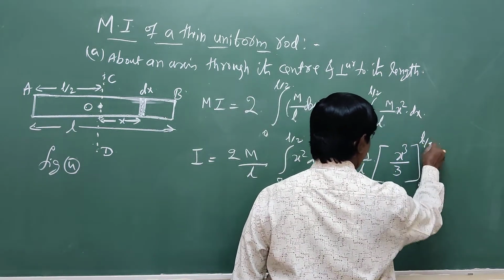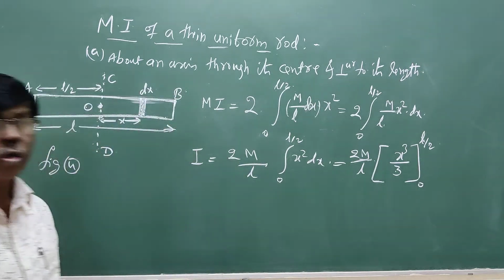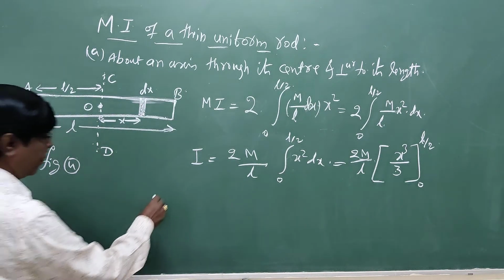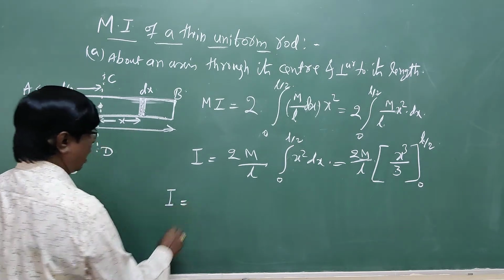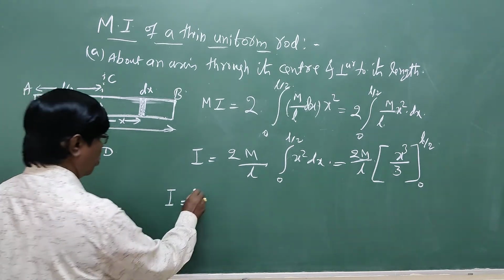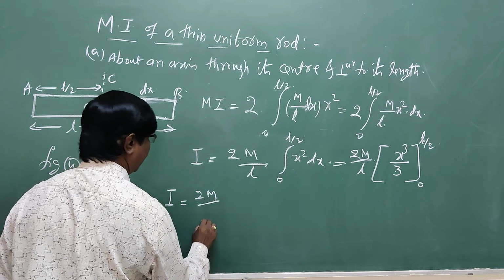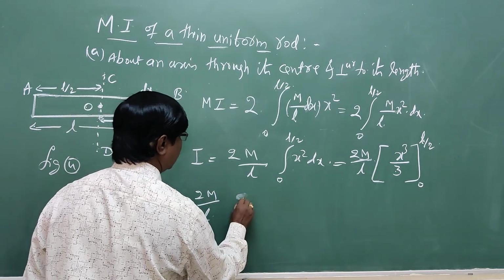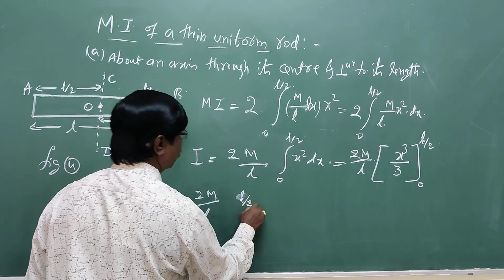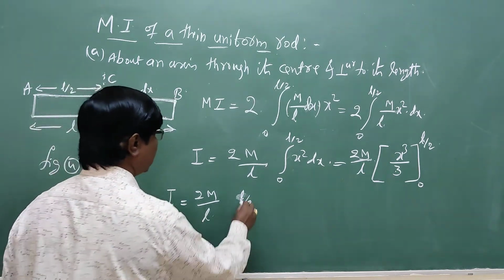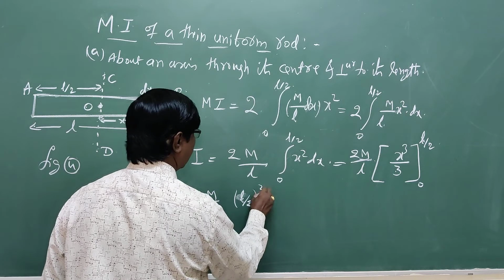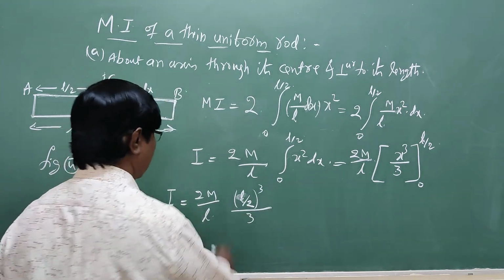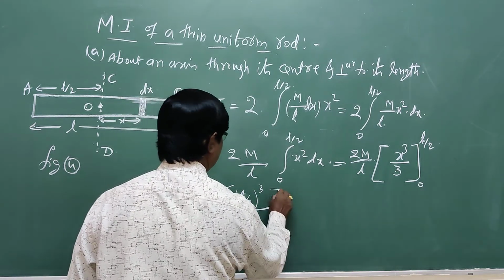Now we have to substitute the limit. If you substitute the limit, what is I? I is equal to 2m divided by L, and what is x cube? The x value is L by 2, cubed, divided by 3.